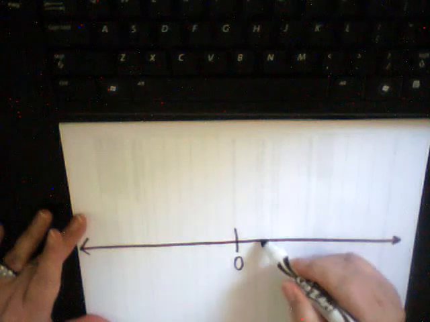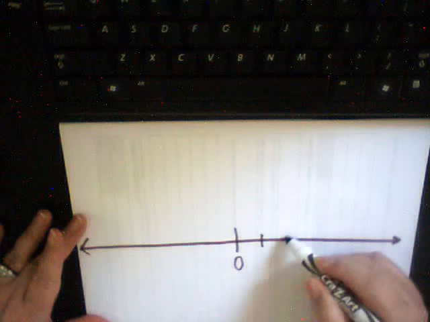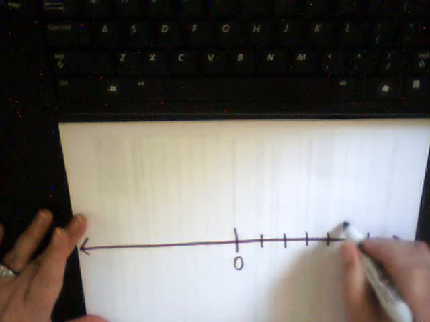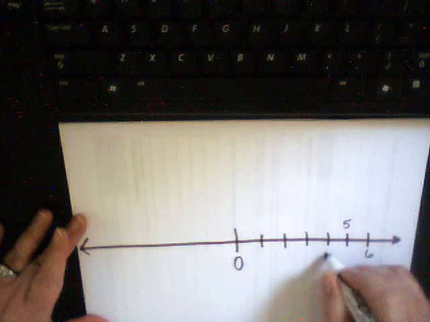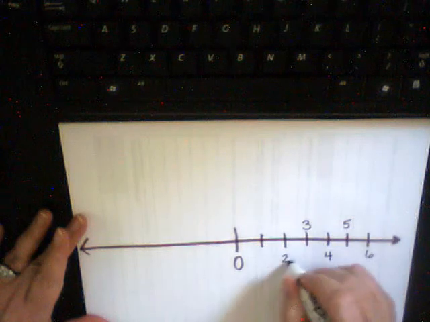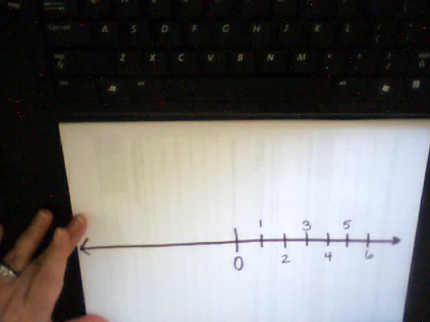I'm going to divide it in half, and this is going to be my 0. And then I want to put 6 marks. So 1, 2, 3, 4, 5, 6. And then I'm going to label them. Because I don't want to overlap too much, I'm going to alternate top and bottom, so we'll be able to read it well.